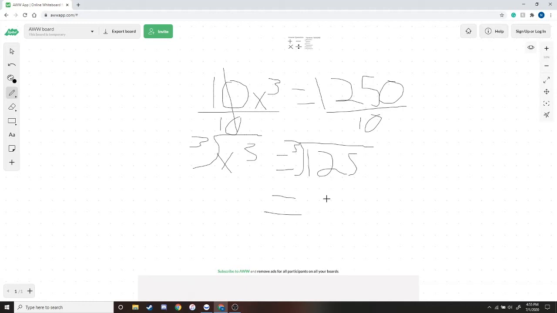And this will be explained further in a future video. So we have this x cubed getting cube rooted. So that's going to cancel out, and we're left with x. And on the other side, we're getting the cube root of 125. Now the cube root of 125 is 5, because 5 times 5 is 25, times 5 again is 125.